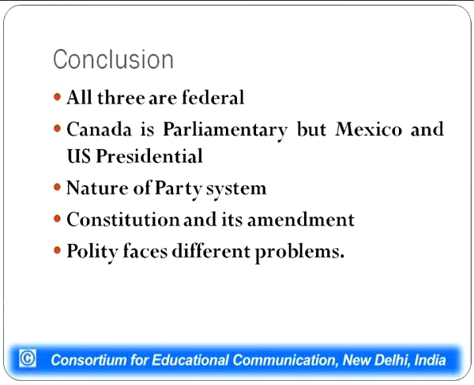The constitution has been rigid in most of the cases. The amendments have been different in different countries, and the polity faces different problems. These are because of the international environment and the difference in the foreign policy objectives of each country, but nonetheless there are certain commonalities, and that is why it is best to study them together.